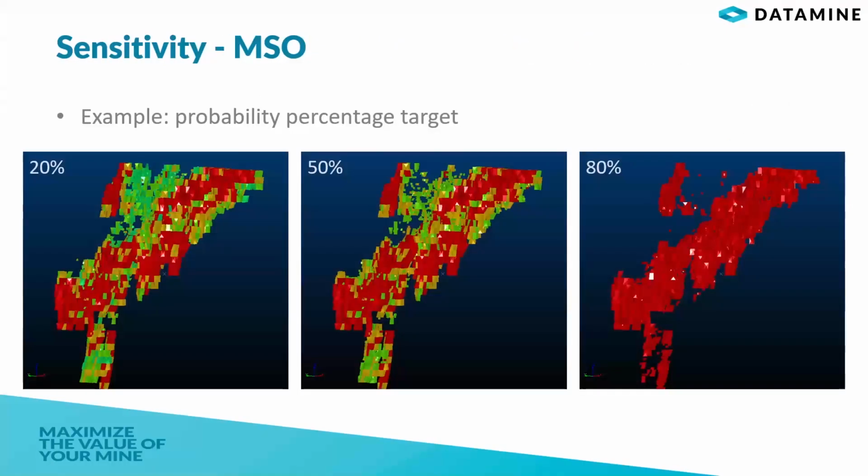That's the idea. And you can select only the stopes above a certain target or confidence limit. For example, these ones are the stopes that have a probability of being above the cutoff higher than 20%, and here higher than 50%, and here higher than 80%, right?